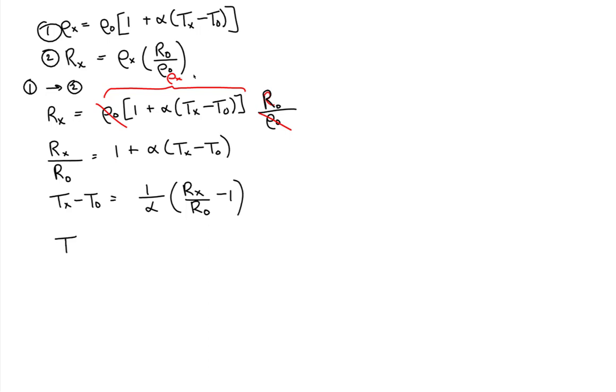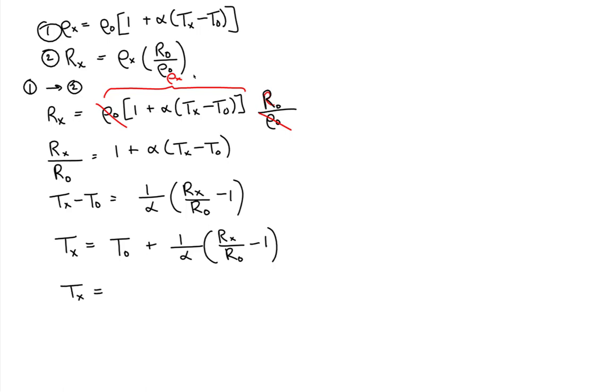Isolating the temperature of our furnace, we get that the temperature of our furnace is equal to our reference temperature plus 1 over the temperature coefficient of resistivity times the ratio of the resistance in our furnace to our reference resistance, minus 1. Let's plug in values for this.